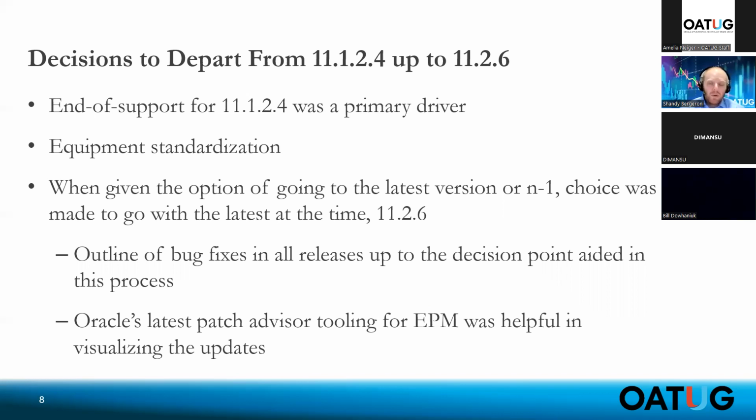And so when it came closer to the time of that product going out of support is when we really started jumping in and having these discussions and determining what route we were going to go. They also wanted to standardize their equipment. So with this upgrade, the customer did decide that they wanted to keep all infrastructure in-house.